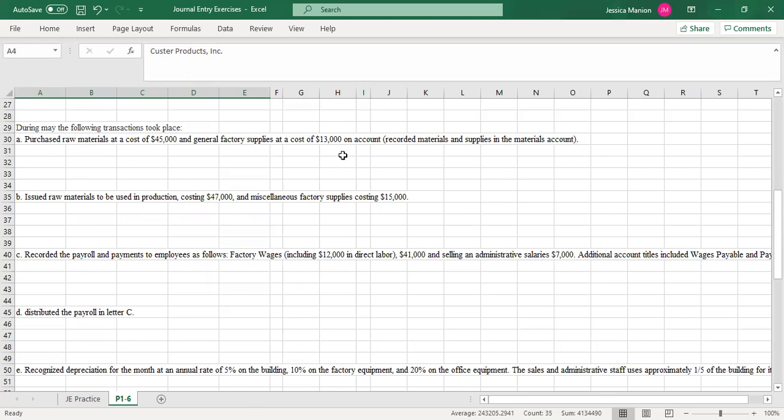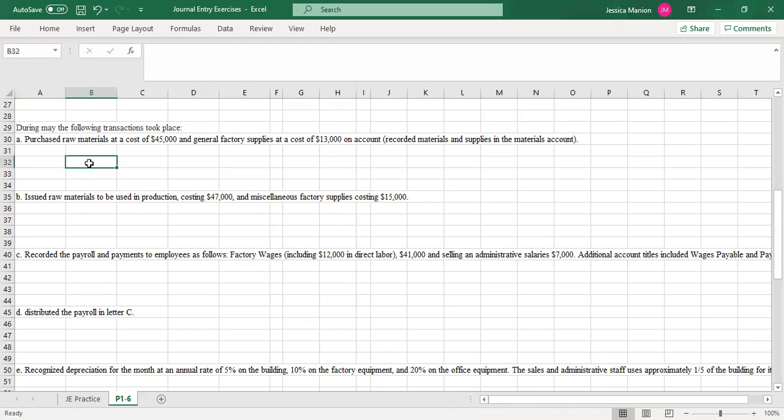And that's just like we did on the last journal entry, right? So remember, when we get to where we record some of these costs to work in process, that's when we divide up the direct and indirect materials. But for now, they all get debited to the material inventory account.